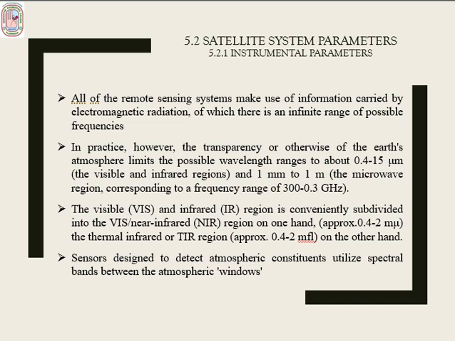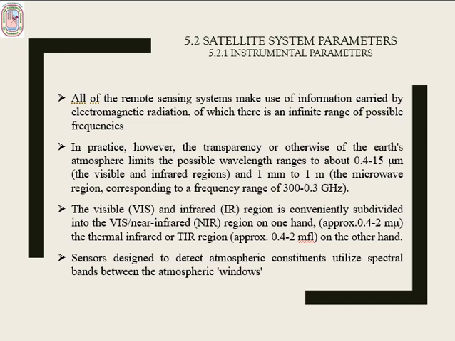Now, the first one is the instrumental parameters. All of the remote sensing systems make use of information carried by the electromagnetic radiation, of which there is an infinite range of possible frequencies. So, determined by the design of the transmitter, receiver, detectors and optics, wavelength or frequency, visible or infrared waves or microwaves, these are the different wavelengths we use under these instrumental parameters.